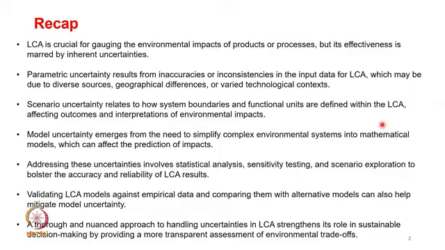These include parametric uncertainty, which is due to inconsistencies in the input data, because data is coming from diverse sources, with geographical differences and technological contexts. The next is scenario uncertainty, which comes from the system boundaries and functional units, and they affect the outcomes and interpretations of your life cycle analysis.